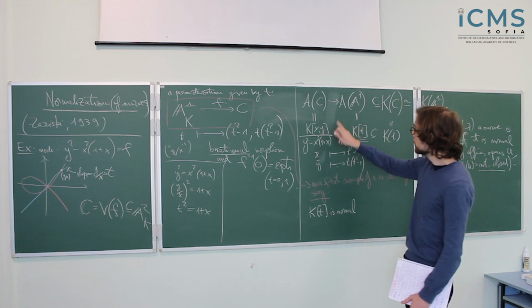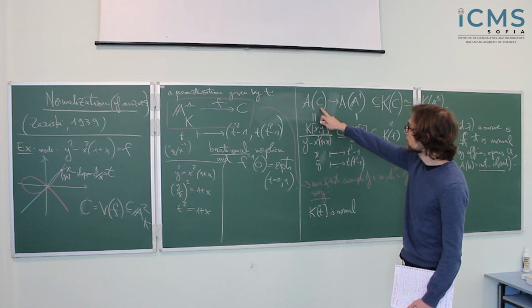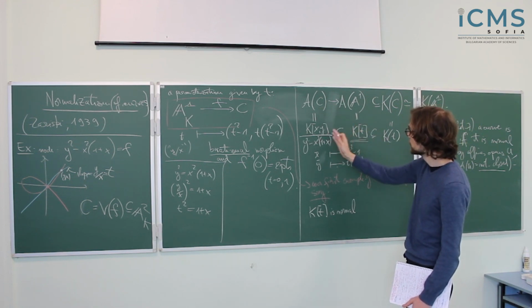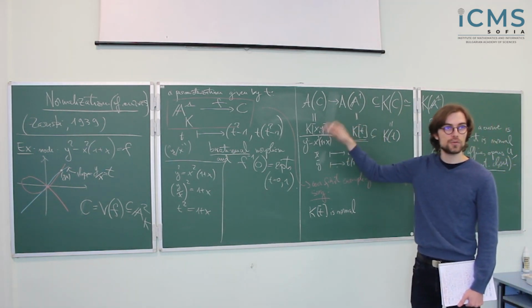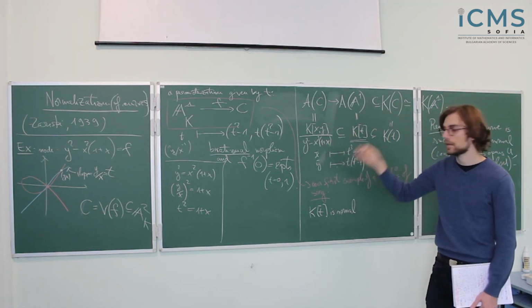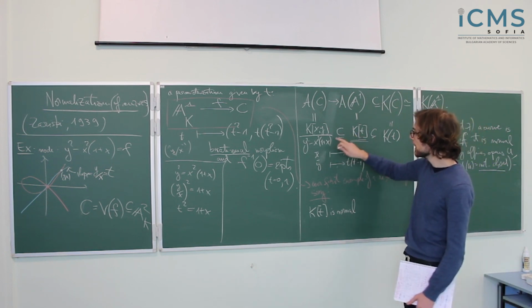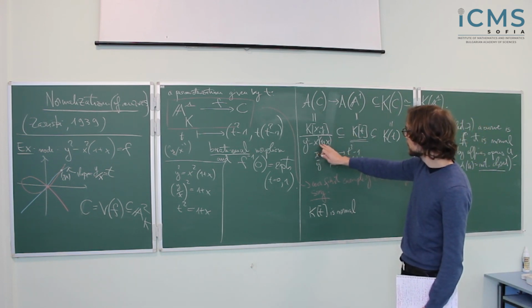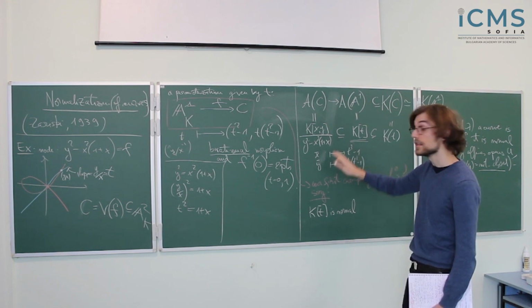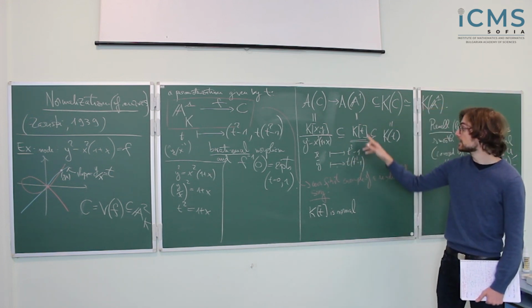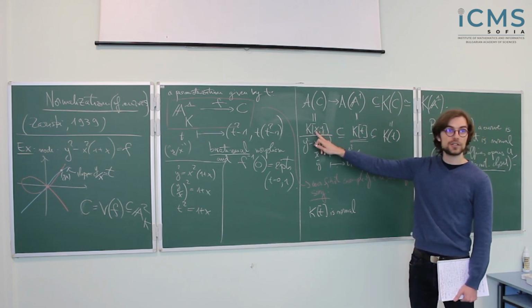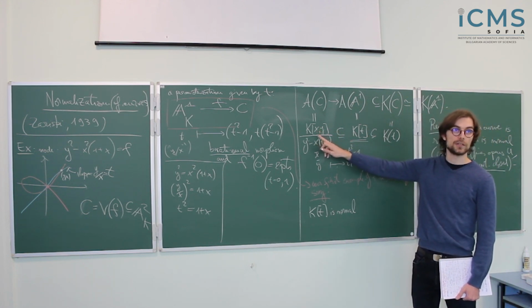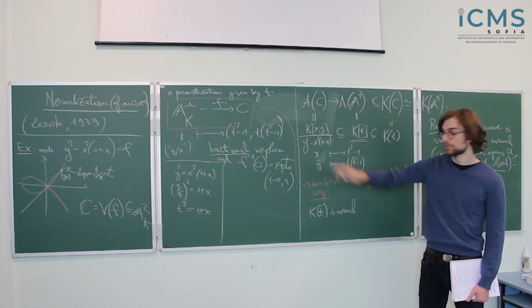But we have an extension of the coordinate ring of our curve here, right? I'll deliberately call these inclusions of rings extensions of rings. And this extension is called integral, meaning that every element here satisfies a monic polynomial equation with coefficients in here.